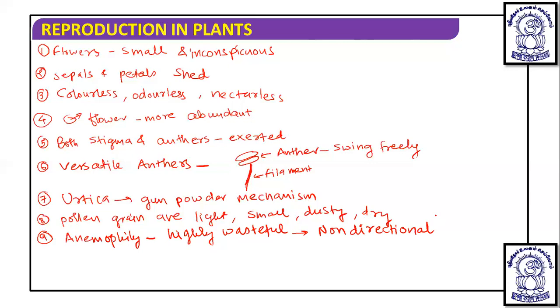Then the next characteristic, they have feathery stigma. Now the question is, what do you mean by feathery stigma? Feathery stigma means hairy, branched stigma.